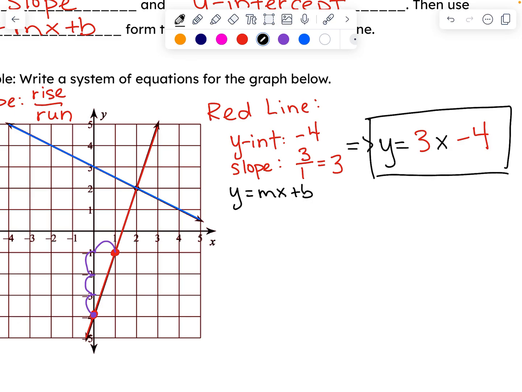That's the one for the red line. Done. All we need to do is repeat that process one more time for the blue line, and we're done with this problem.